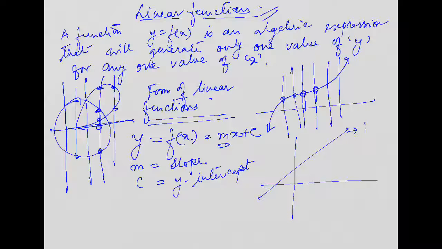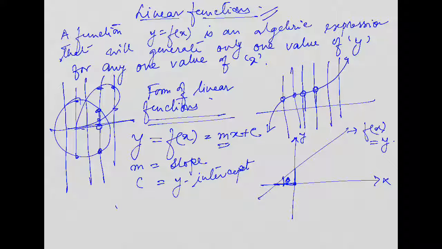So if this is f(x), or we say y, then the angle it creates with the x-axis is called the slope of the line. The tangent value of this theta is the slope of the line, or this vertical distance divided by this horizontal distance from the origin gives the slope of this line, and we write it as m.